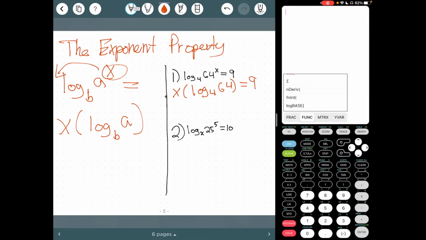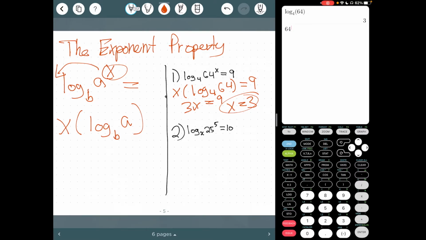So log base 4 of 64 equals 3. So we can combine the x and a 3. So it'll be 3x equals 9. Divide both sides by 3, and we get x equals 3. And we can check this answer by plugging in 3 into the original equation. So 64 to the third power is 262,144.